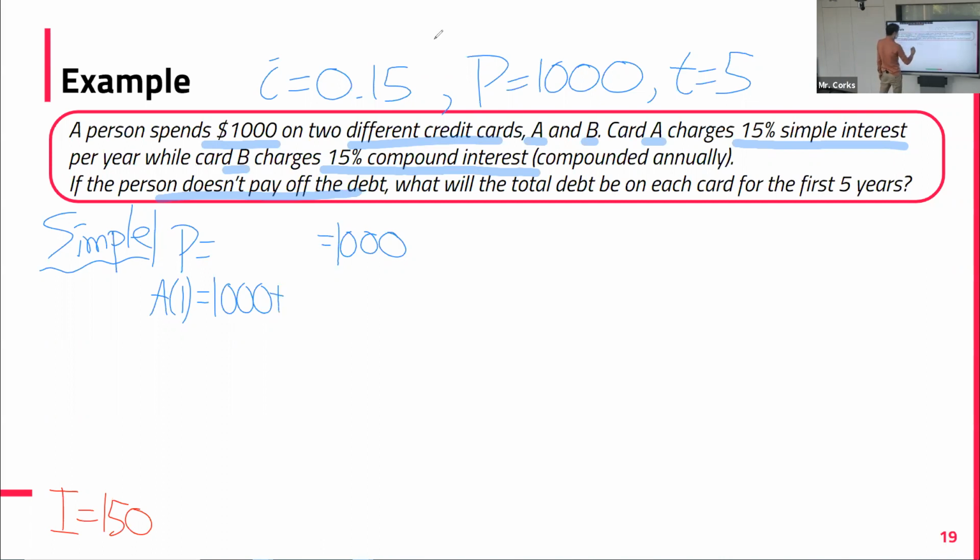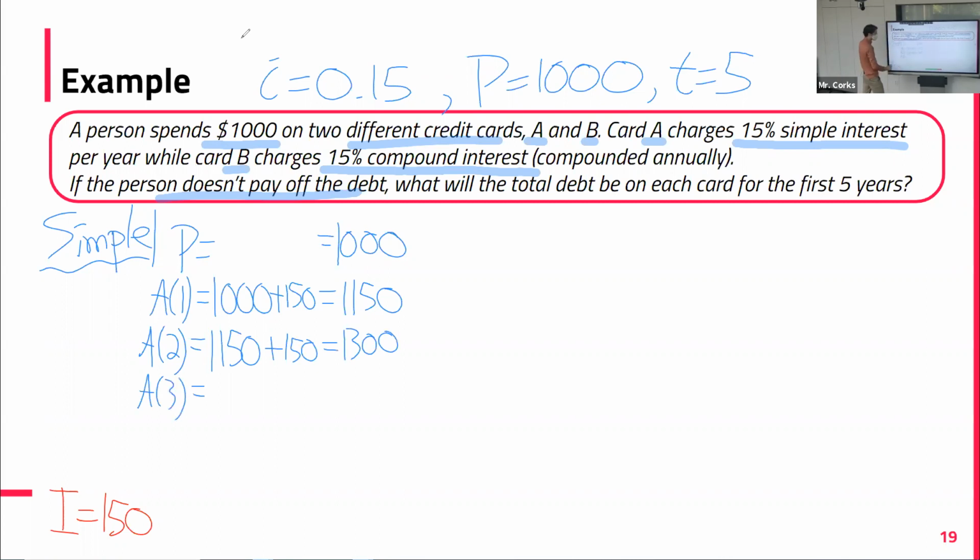So that's plus 150, which equals 1,150. For the second year, we have the previous year's value, 1,150 plus 150 again, so 1,300.